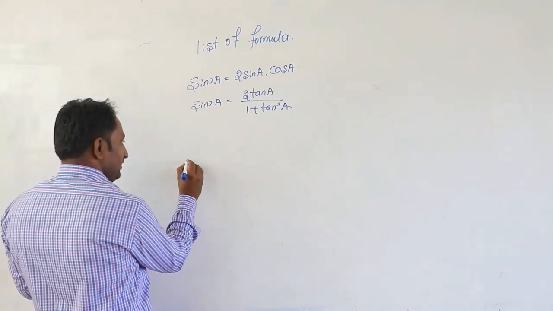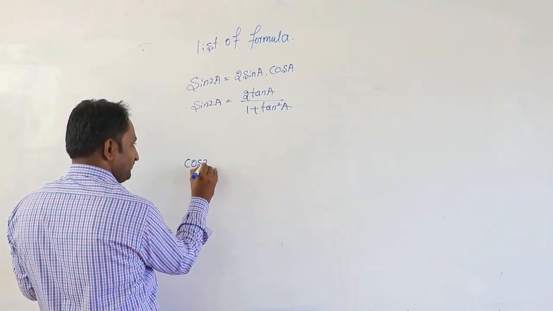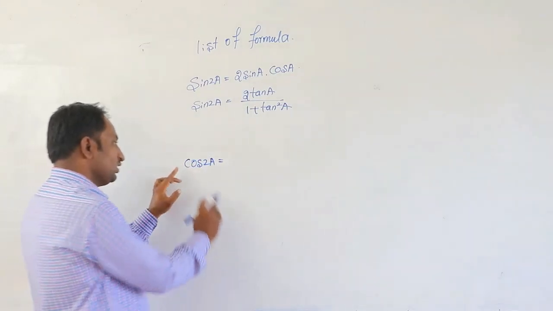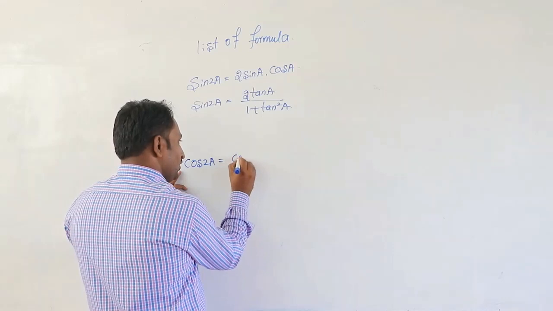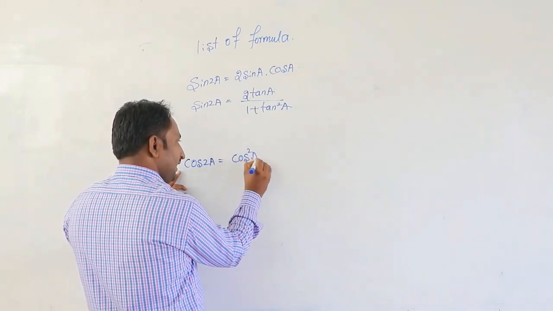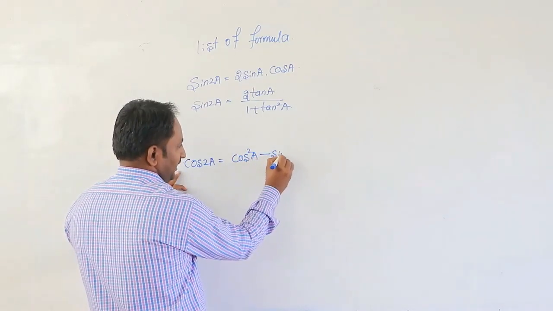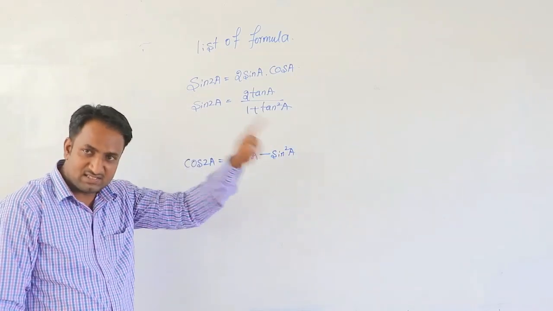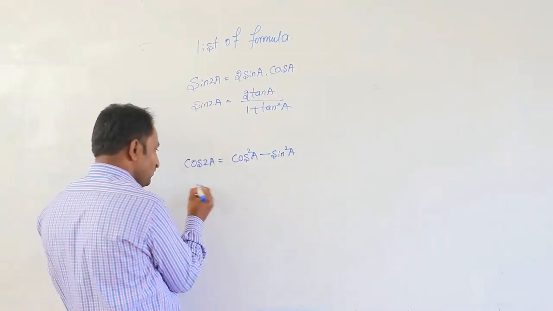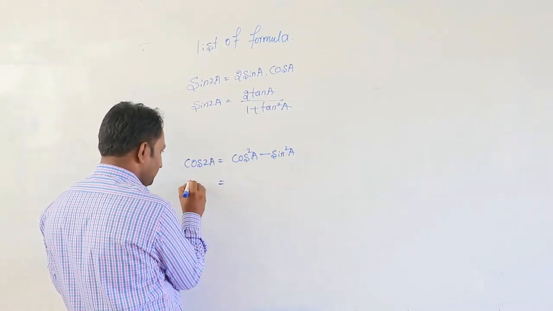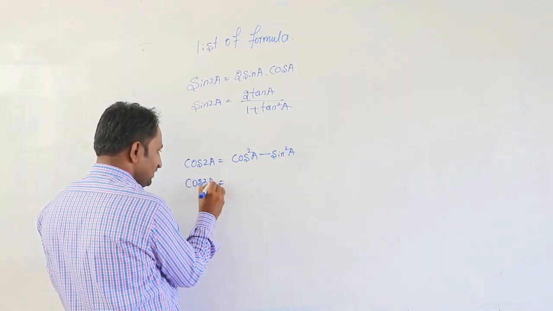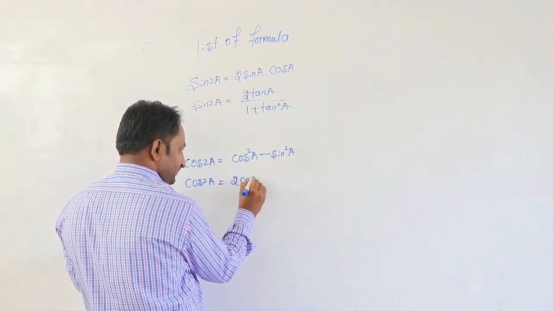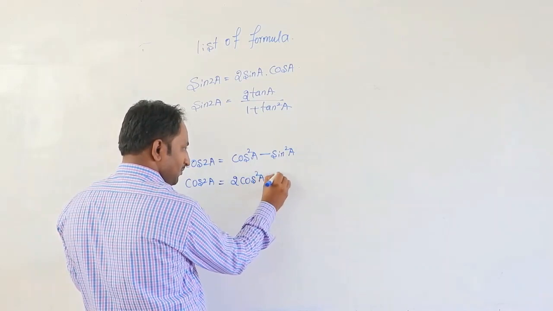Again, for cos of 2a we get four formulas. One formula is cos of 2a is equal to cos square a minus sin square a. Another formula for cos of 2a is 2 cos square a minus 1.